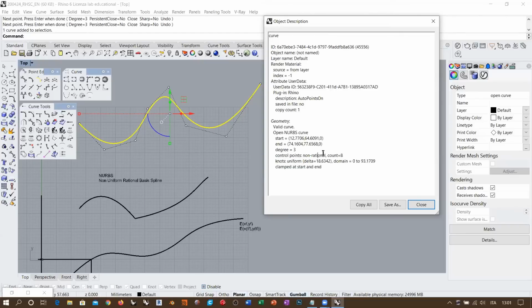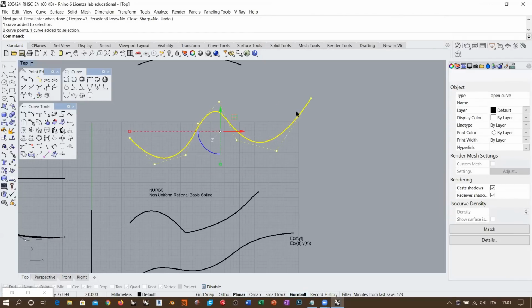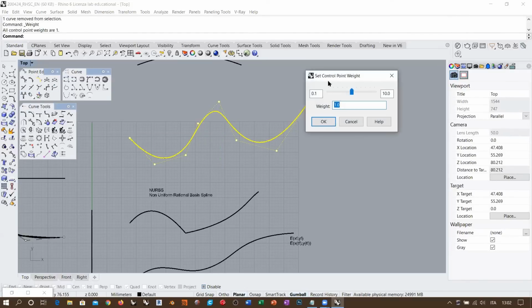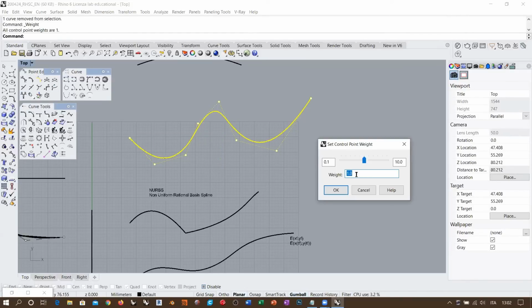Rational or non-rational has to deal with the control points. Non-rational means that all the control points have the same weight. Okay, so you can also take, for example, all these control points here, go in the point editing toolbar, take the control point weight command, and say, for example, that you don't want 1 to be the weight of the control points, you want them to be 2. Okay, you see that nothing changes because you are increasing the power of all the magnets, right? So there is no change in shape.